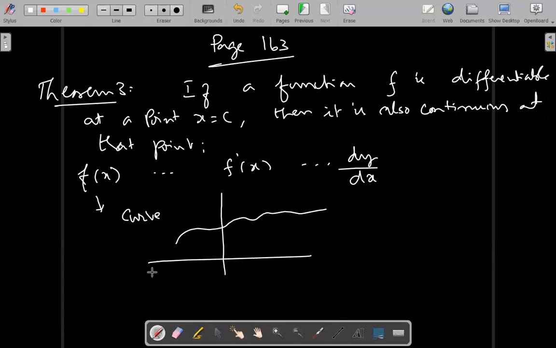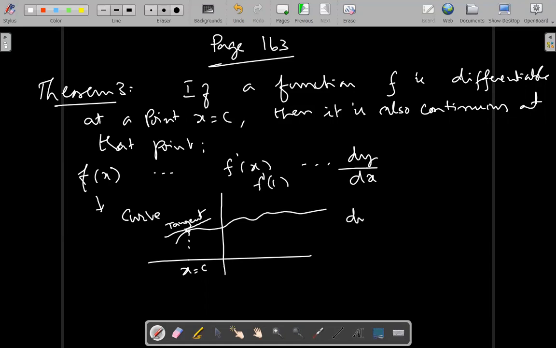That's f of x. f dash x, for example, you are trying at a point C, f dash C. Say this is a point x equal to C. f dash x meaning you are finding the tangent at that point.